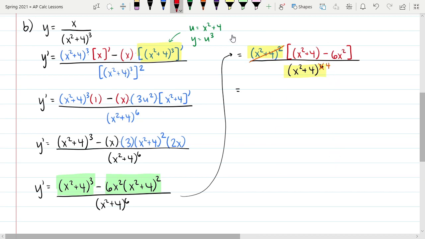And then in the brackets, we can simplify there. I have an x squared minus a 6x squared. So that's now going to become negative 5x squared plus 4, all over x squared plus 4 to the fourth power.